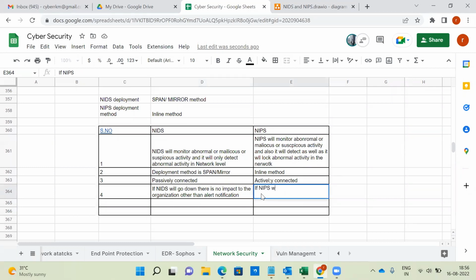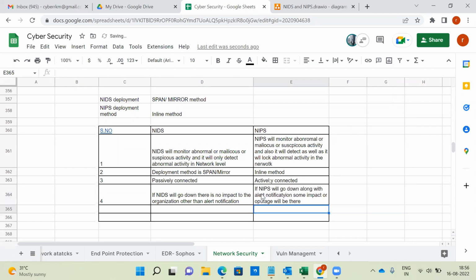If NIPS goes down, along with alert notification, some impact or outage will be there. This is a very important point, guys. So that is the difference between network IDS and network IPS.